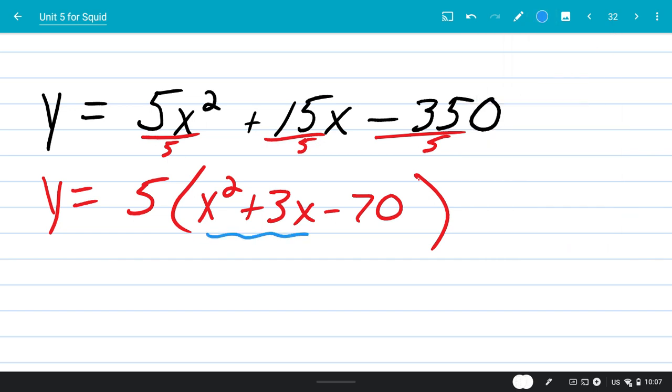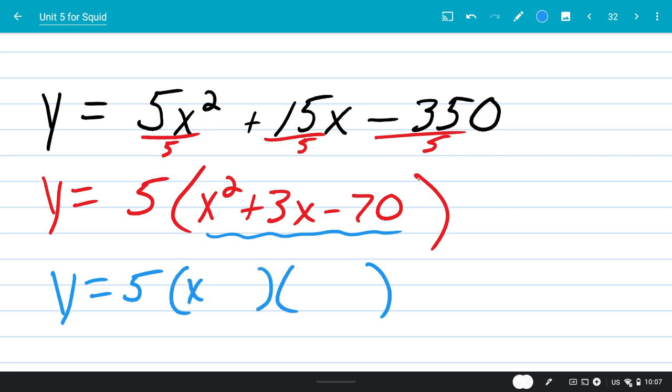Now looking on the inside, just focusing on that quadratic. Everything on the outside is going to stay, but this on the inside I can factor. There's no leading coefficient, so I would split in signs. Put an x in each. Signs are opposite, so a plus and a minus.